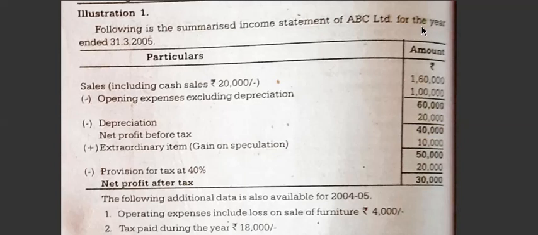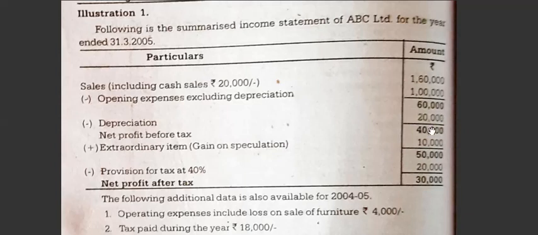Before that, I'll read the problem and find out what they have told us to calculate. From the following summarized income statement of ABC Limited for the year ended 31/3/2005: sales including cash sales of 20,000, that is total sales of 1,60,000. Operating expenses excluding depreciation 1 lakh, less depreciation 20,000.